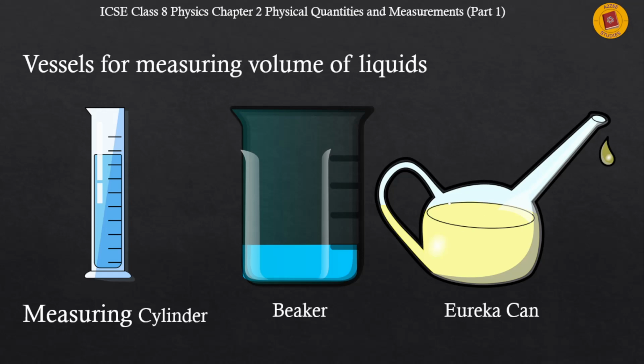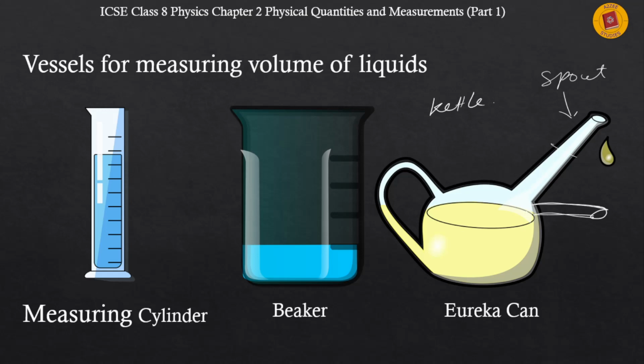And this is a Eureka can. This is just a lab format of the kettle that we use in our homes. This is the spout. The spout is like this.